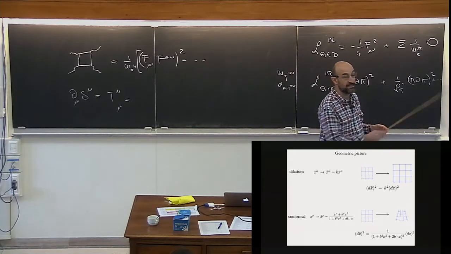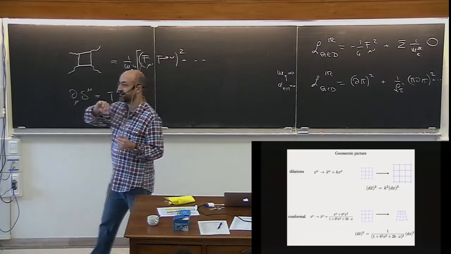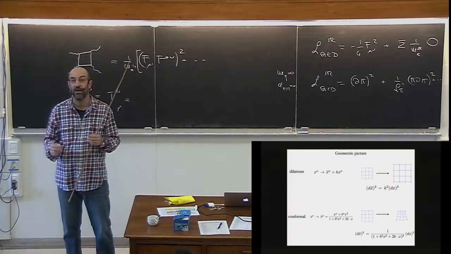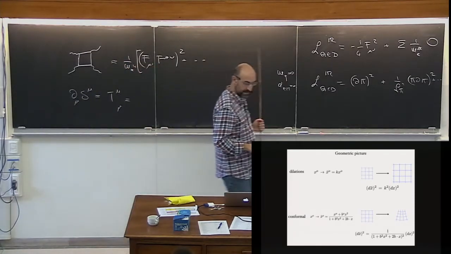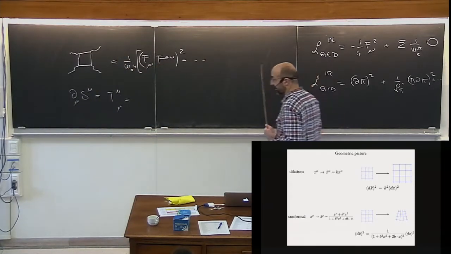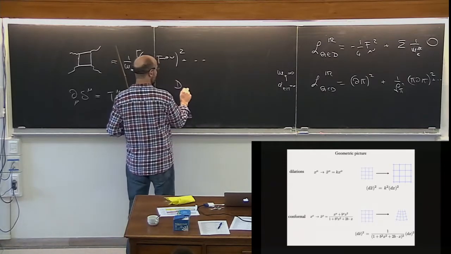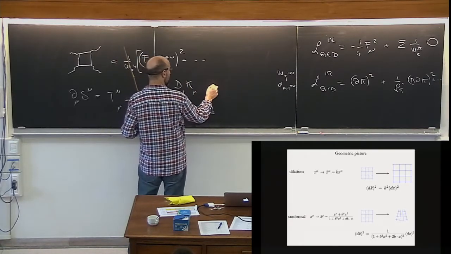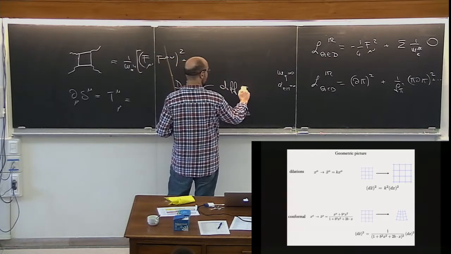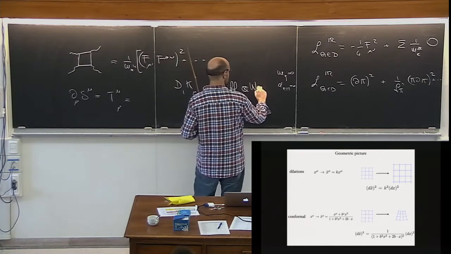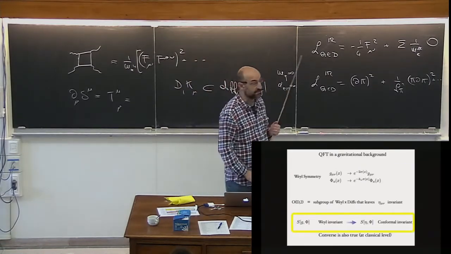You can picture this symmetry as arising as subgroups of the group of diffeomorphisms. D and K mu are contained in the group of diffeomorphisms times Weyl symmetry. And Weyl symmetry is given by this transformation here.